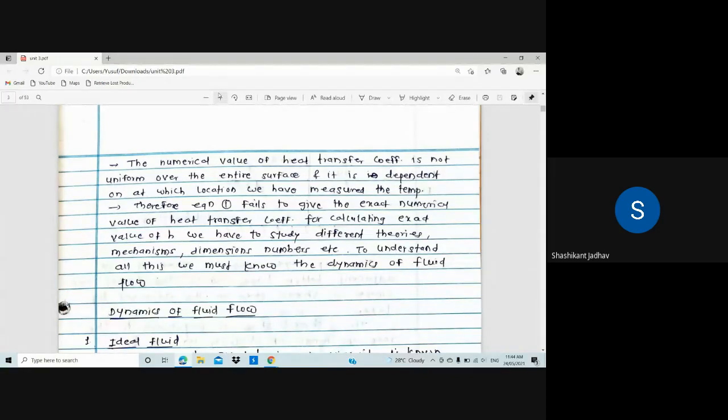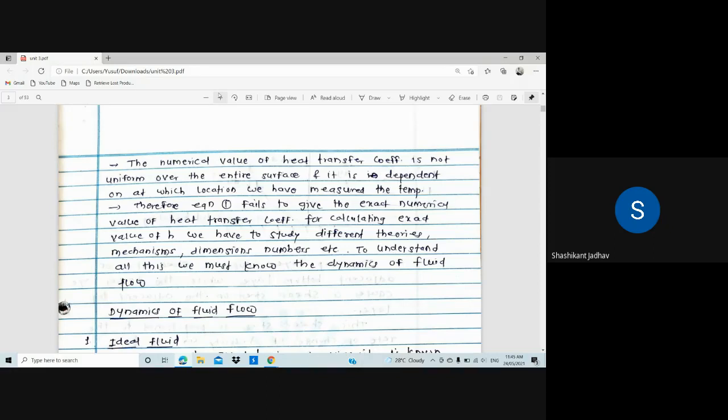आपल्याला जर करेक्ट व्हॅल्यू फाइंड आउट करायची असेल तर आपल्याला काय करायला लागेल, we have to understand the different theories, mechanisms, dimensionless numbers, डायमेन्शन लेस नंबर्स एटसेट्रा.